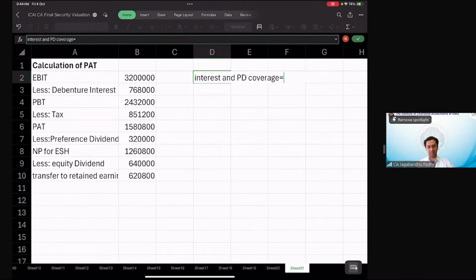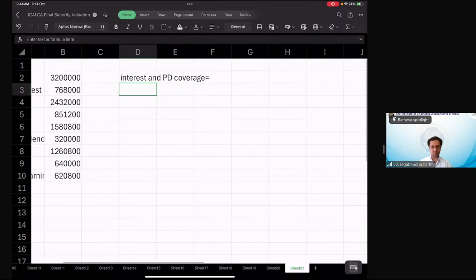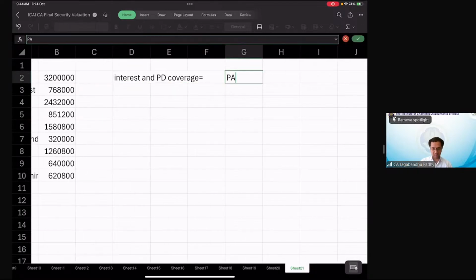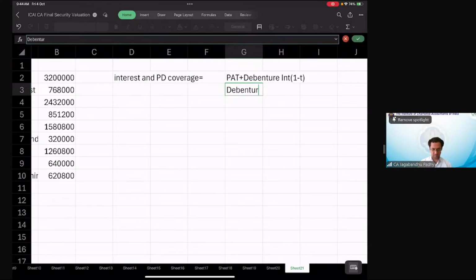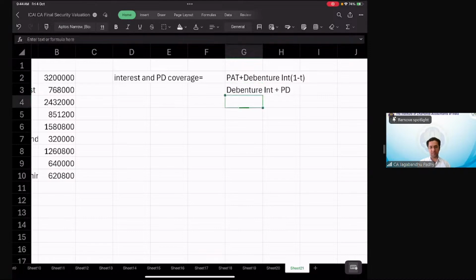Okay, interest and preference dividend coverage will be, of course, for preference dividend we need to pay from PAT, right? Plus we will add the debenture interest, so PAT plus debenture interest into 1 minus T to give it an after tax effect, and then we divide it by debenture interest plus the preference dividend.